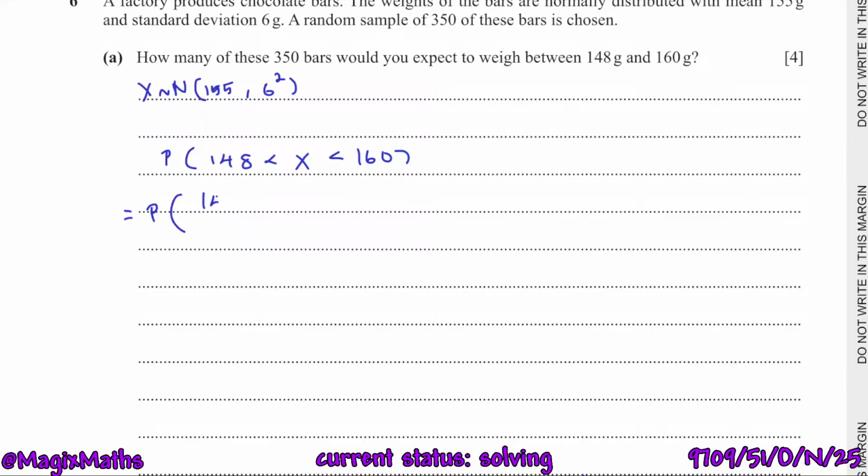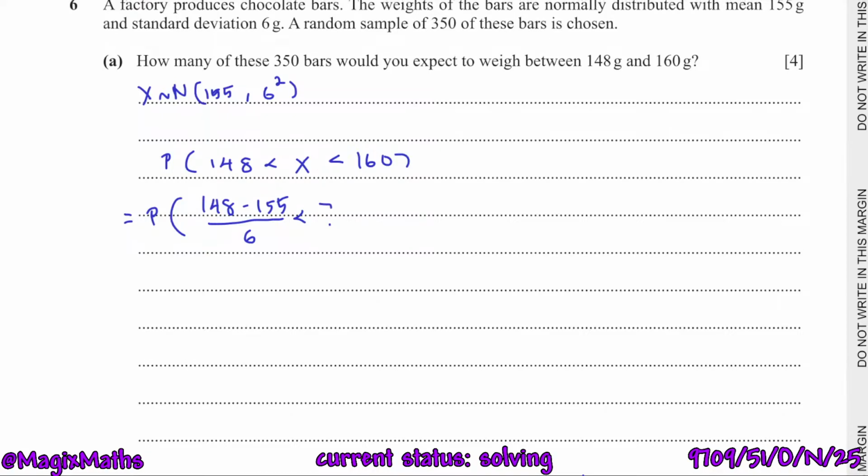So it's (148 minus 155) divided by 6, and (160 minus 155) over 6.